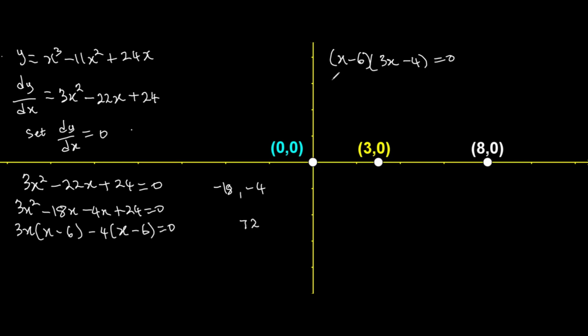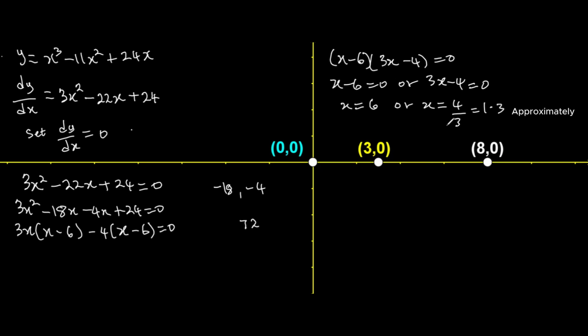So solving each of the brackets, it means s minus 6 equals 0, or 3x minus 4 equals 0. So here we obtain s equals 6, or if we solve this, we get s equals 4/3 or 1.3, okay?